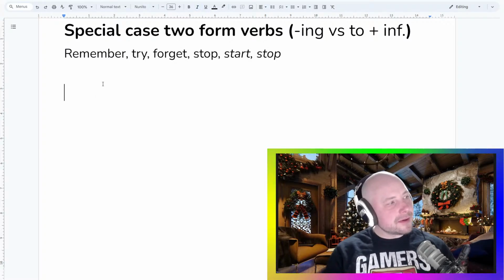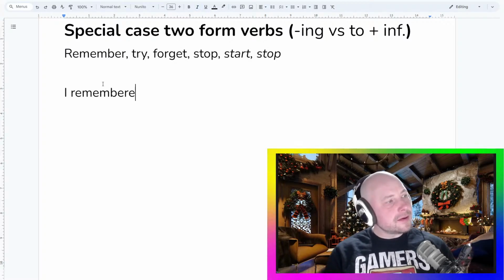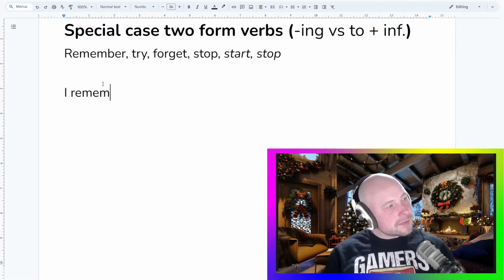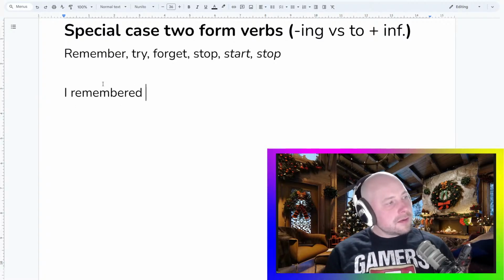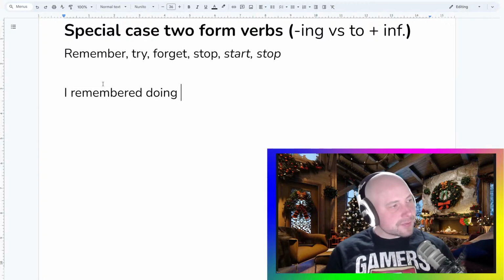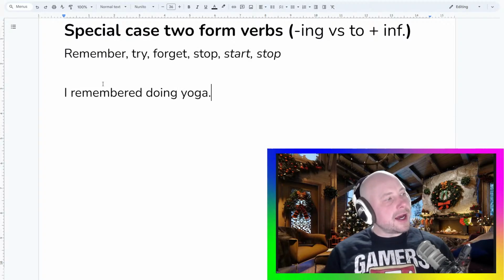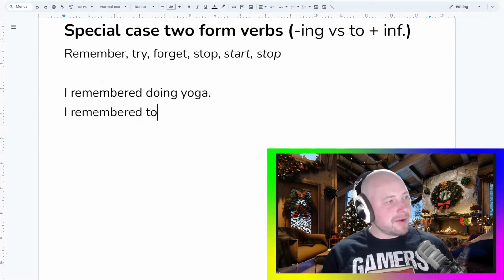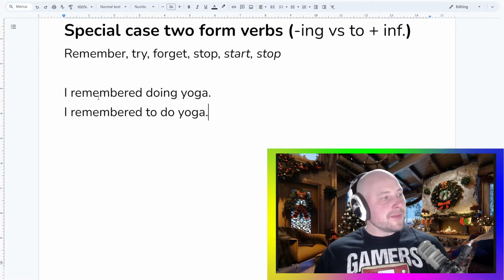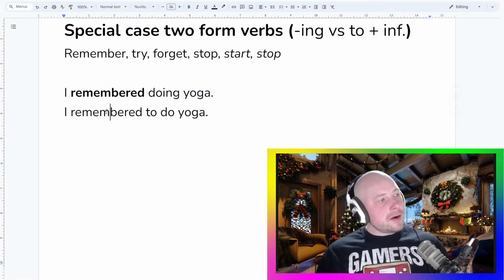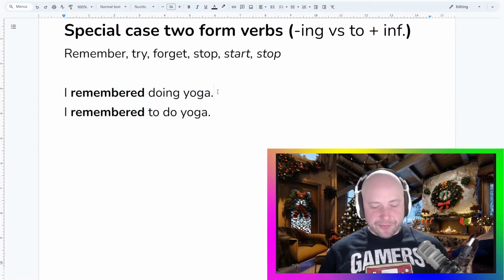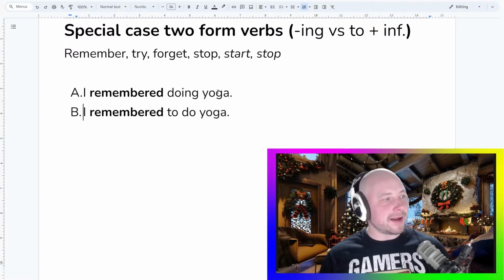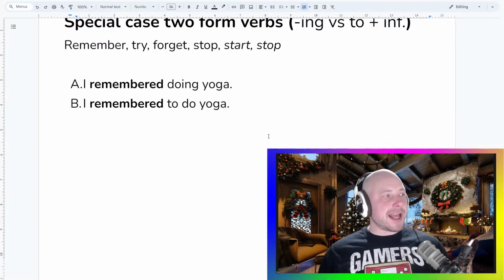We use it in the past. And we'll compare I remember doing yoga versus I remembered to do yoga. So what's the difference? We got A and we got B, and there is a difference in meaning. What's the difference between A and B?